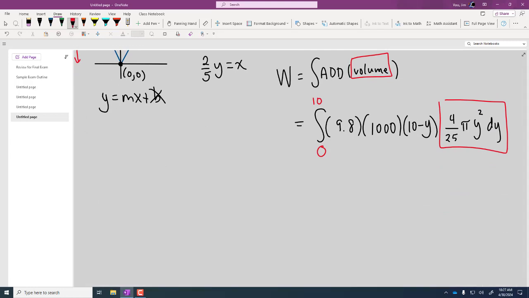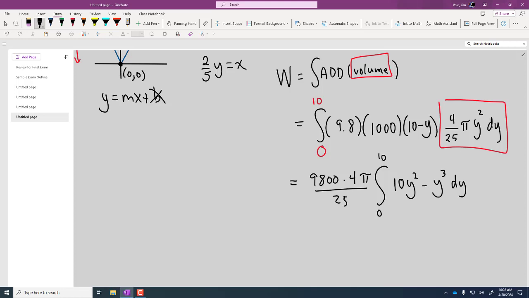And then we integrate that. So we pull out the constants. Let's write one more step down. So we pull out 9,800, pull out the 4, pull out the pi, divide by the 25. And the only stuff that's left inside this integral are 10 times y squared and minus y times y squared.